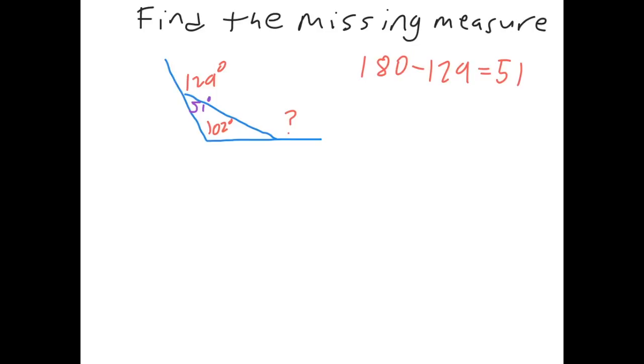So from that we can tell this angle plus this angle is the same as this angle right here. So we have that 51 plus 102 is 153 degrees, and that's our missing measure.